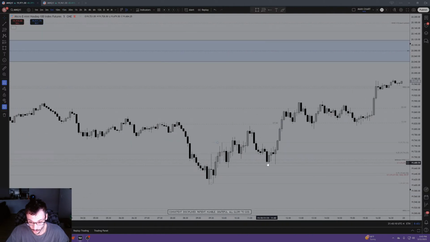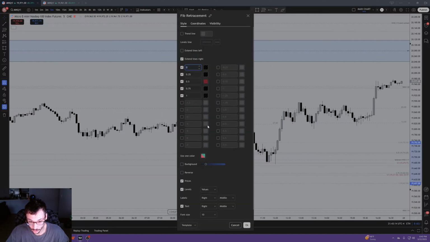Holds there, holds there. Now watch when I put the standard deviations. The high of the day, the high of this move, the low of that range, perfectly almost.